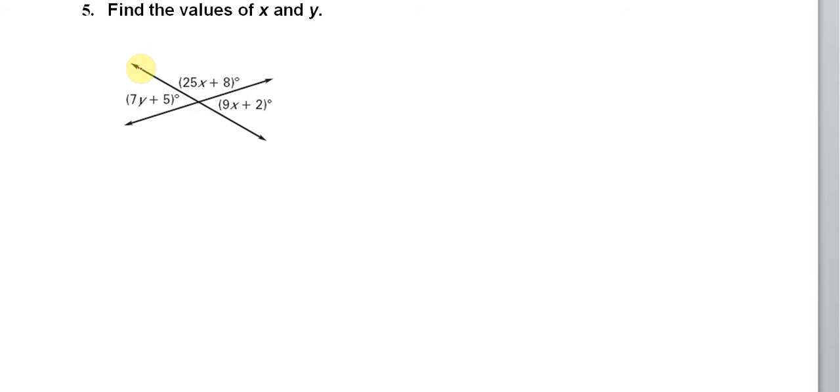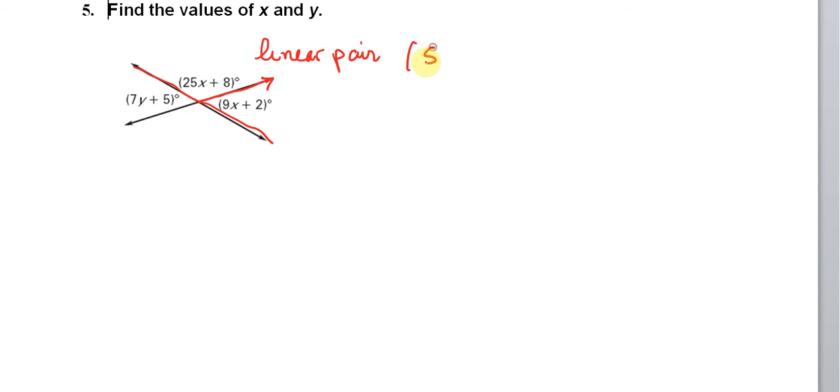we picture the problem. So the way that I look at this is, if you look at this outline here of these two angles, the one that is 25x plus 8 and 9x plus 2, those form a linear pair. Right? So they form a linear pair.